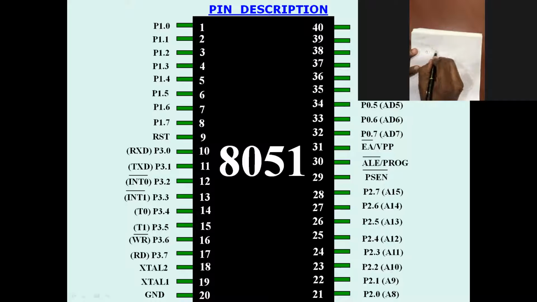The circuit is like this: an 8.2K resistance connected with the ground, and a 10 microfarad capacitor connected with plus 5 volt, plus and minus. And this is a switch.